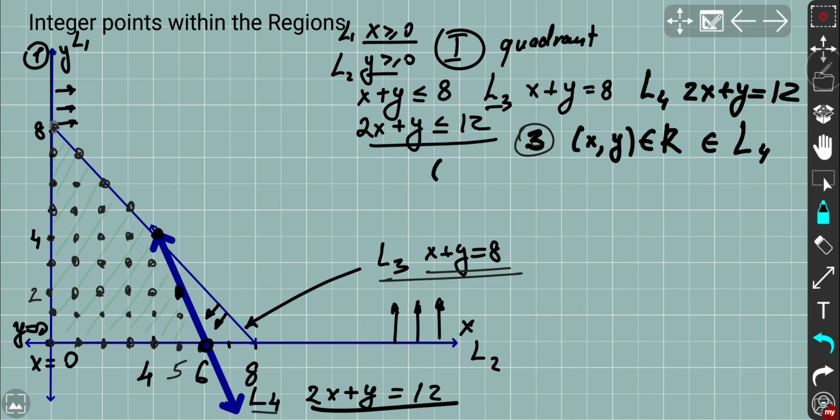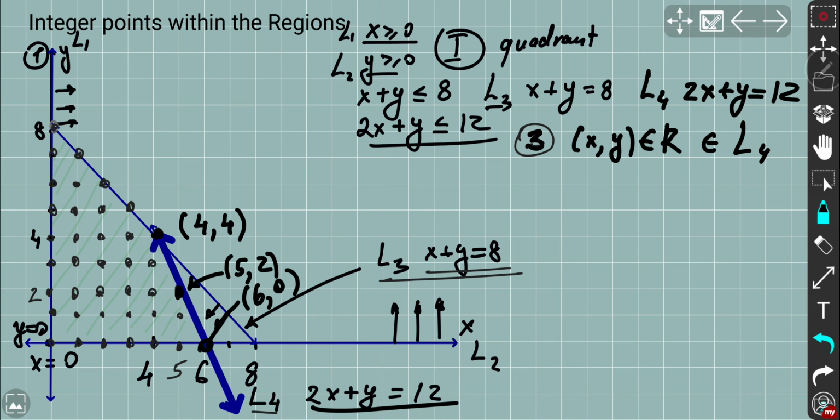The first is the point, I just show it right here: 4 and 4. The second one is here, 5 and 2. And the last one is 6, 0, right there, 6 and 0.